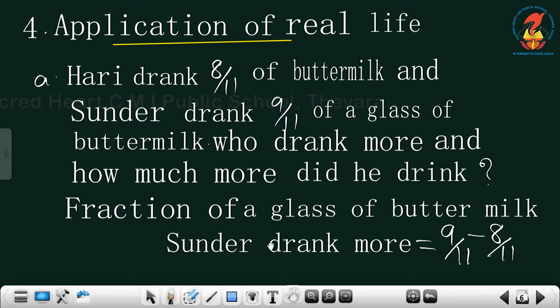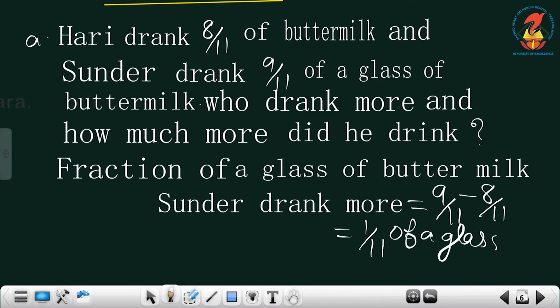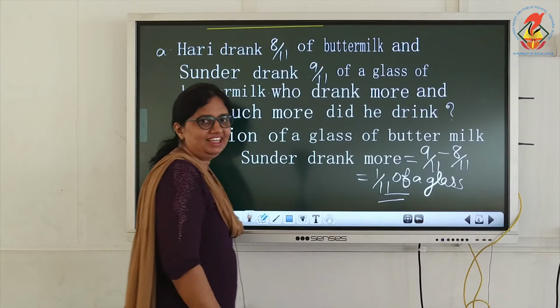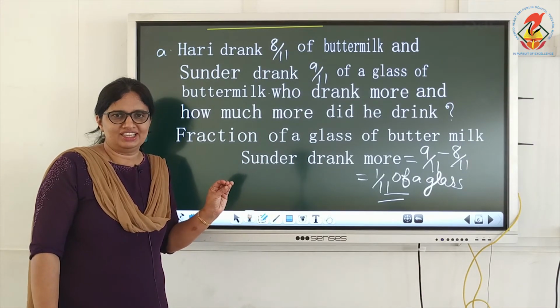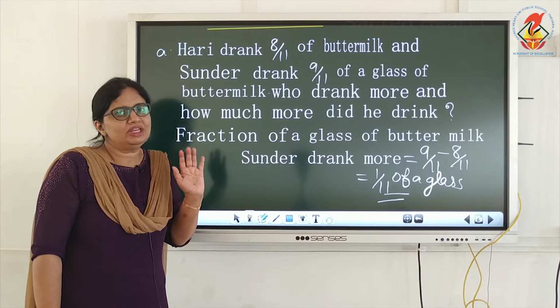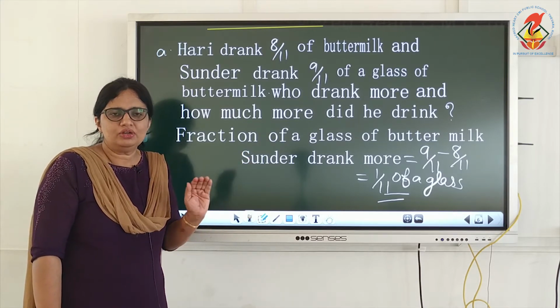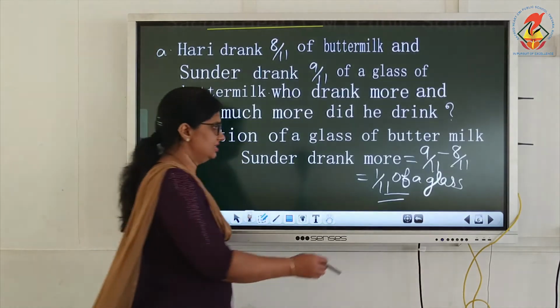Which answer will you get? 9 by 11 minus 8 by 11. You will get 1 by 11 of a glass. Is it clear? You need to compare only numerators, because they are like fractions, denominators are the same. So don't worry about the denominator, we need to consider only numerators.